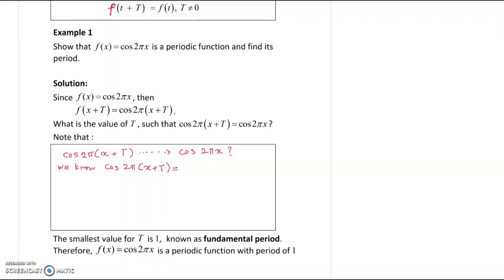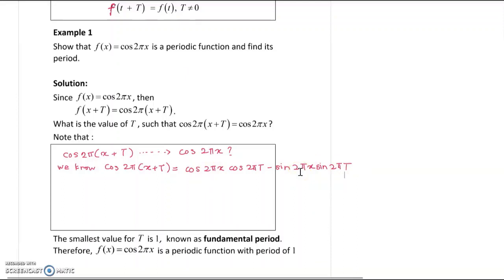So if we expand, then we have cos 2 pi x cos 2 pi t, minus sine 2 pi x sine 2 pi t.